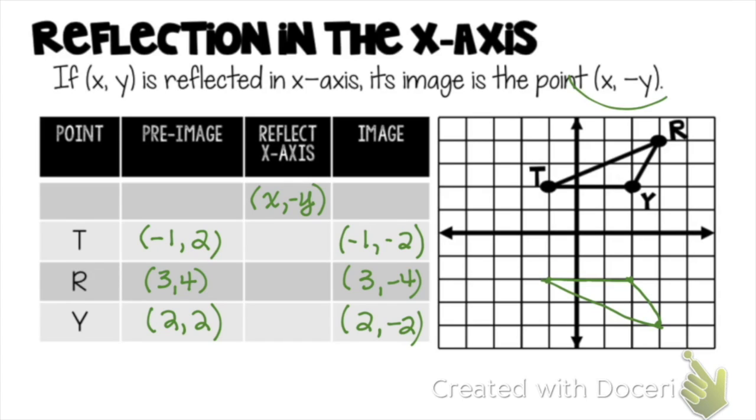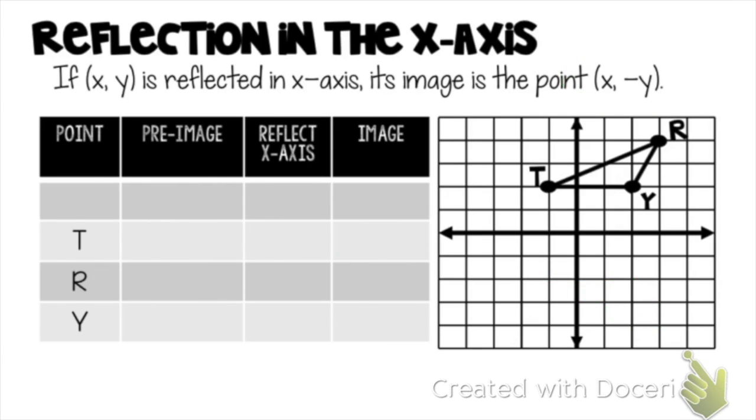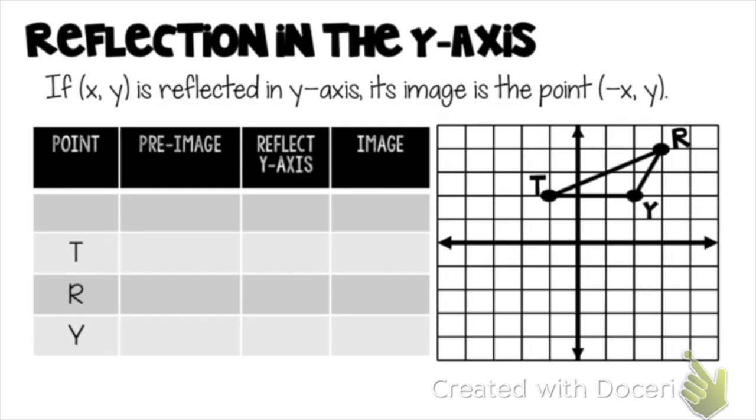So this is what you really want to focus on learning and memorizing, are all of these little rules that we're going to talk about here. If we reflect across the y-axis, all of the points that are on the right side of the graph are going to flip over to the left side.